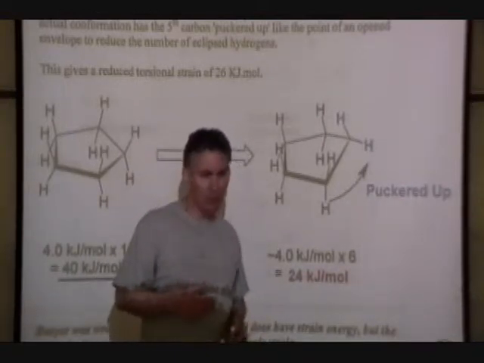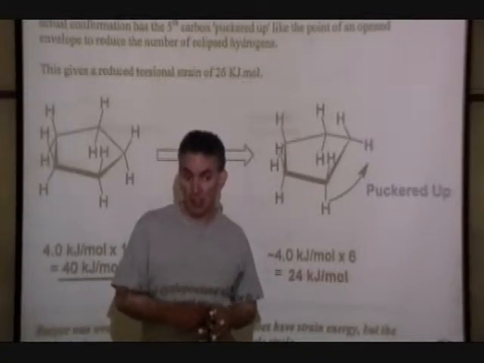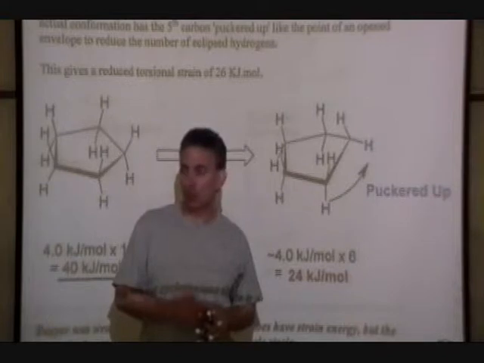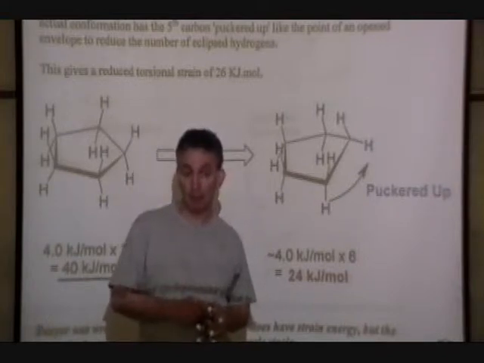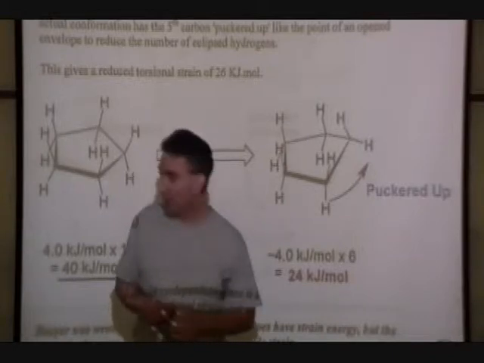So Bayer is mostly right here. But he was wrong when he said the molecule was flat, and he was wrong when he said the molecule was strain-free. It isn't entirely strain-free.